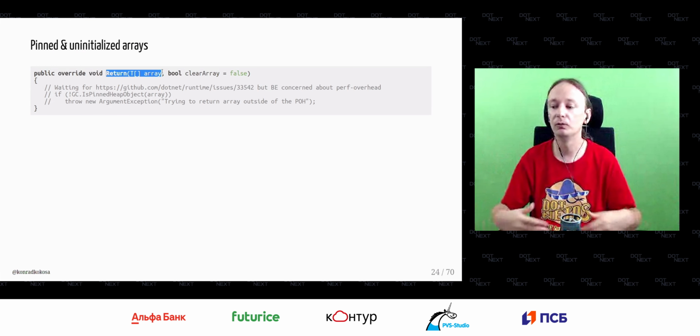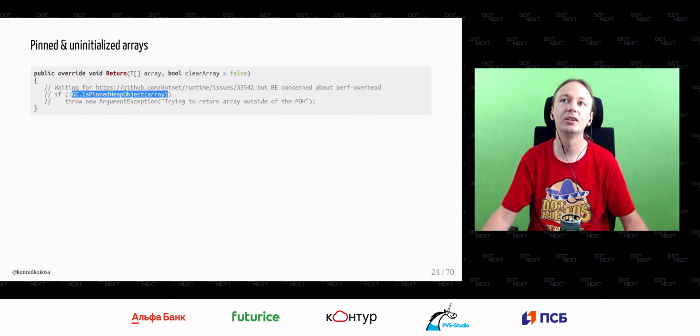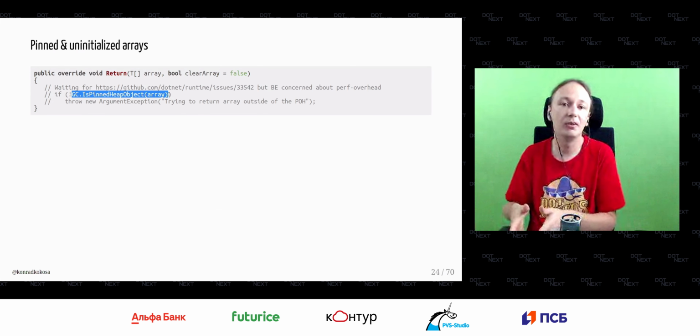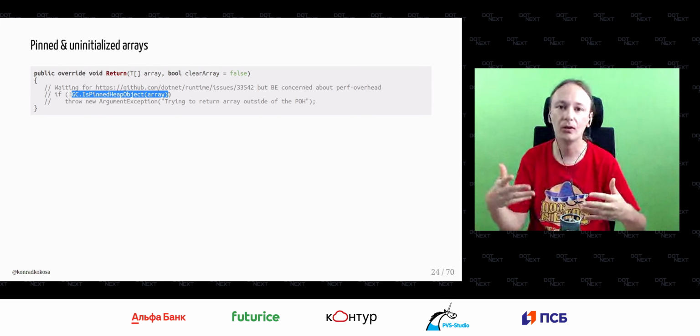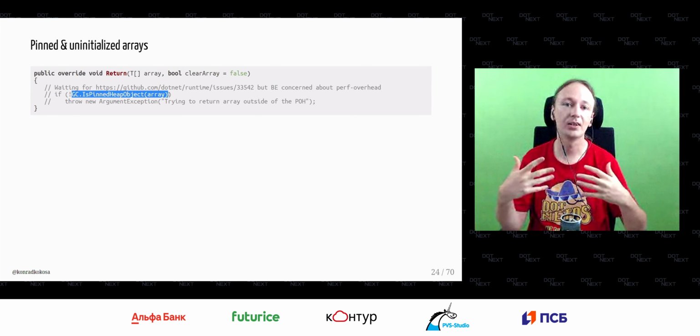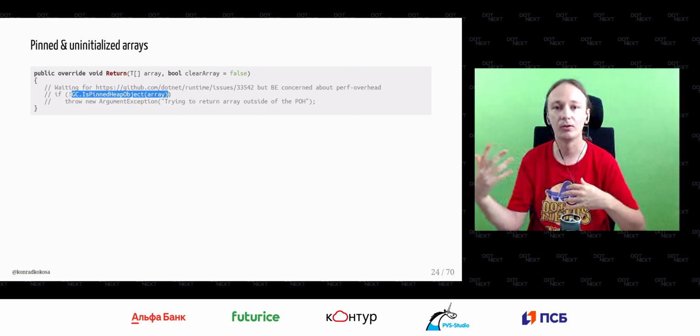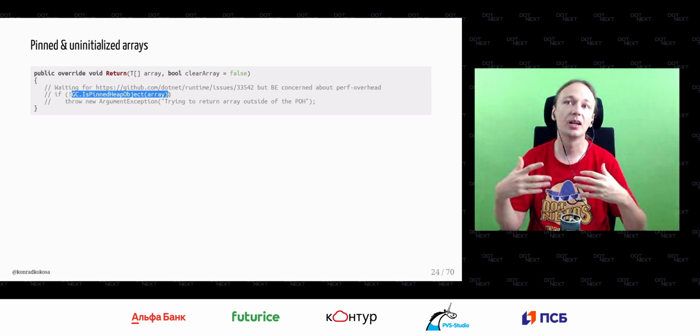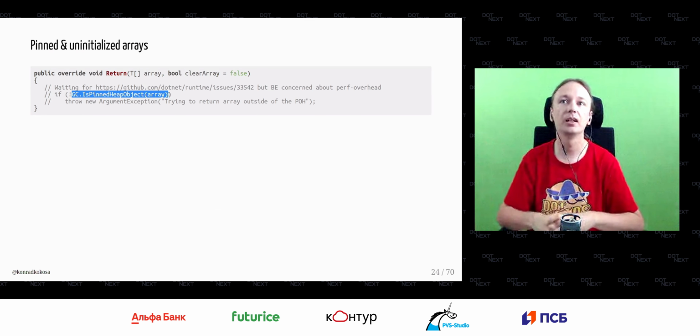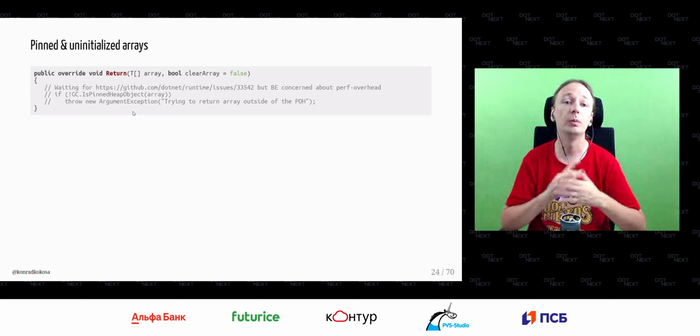It would be very nice to have some API that checks whether this array really lives in the pinned object heap, and only then puts it inside the array pool. But unfortunately, currently such an API is not available. It is considered to be added. The .NET team is concerned about the performance overhead of such a check, because it is not trivial. But I hope this API will be added, because then we can implement such an array pool safely. We will see that.